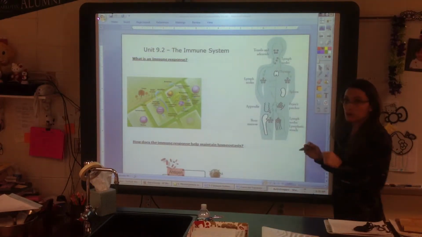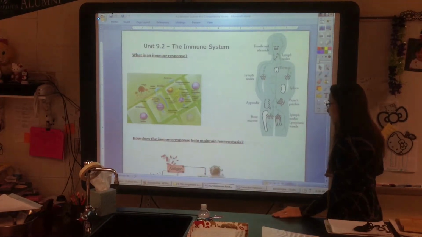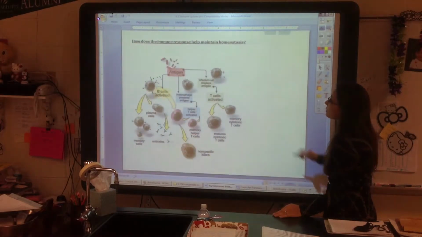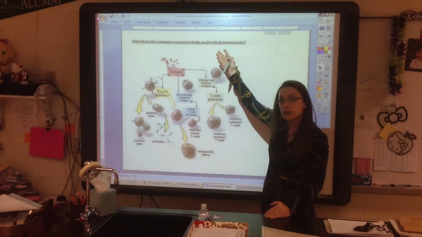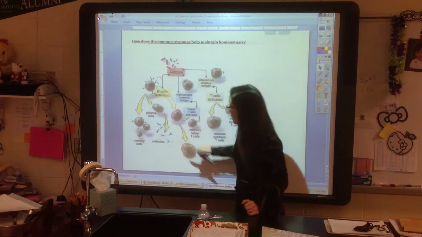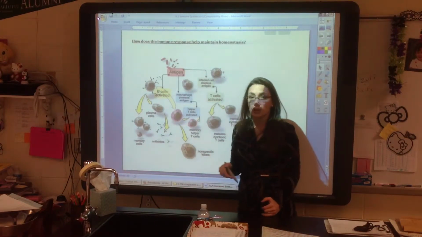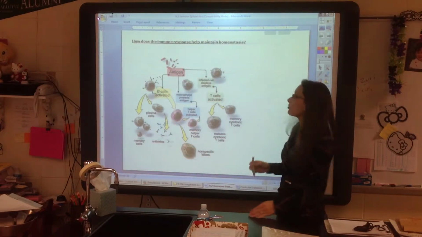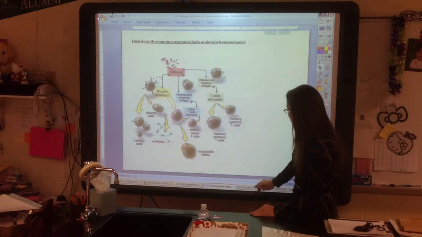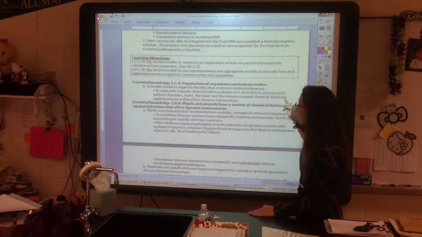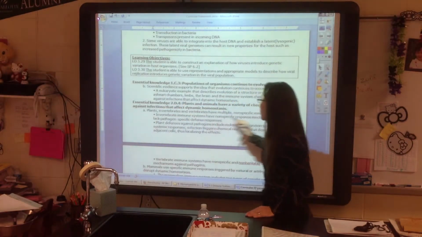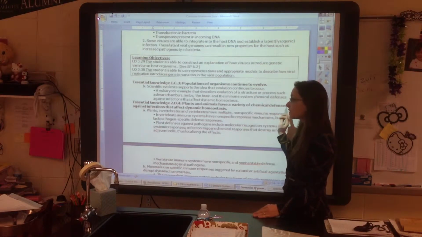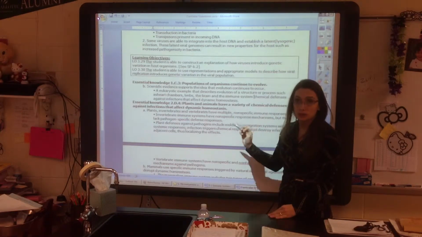So our main focus today is actually going to be on how the immune system helps maintain homeostasis and how cell communication or interaction between these cells plays a really big role in that. If you go back and look at your curricular framework, you see that there's a whole section on how a variety of defenses affect dynamic homeostasis.